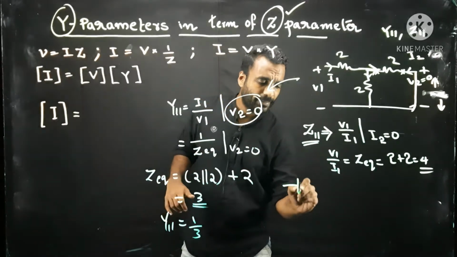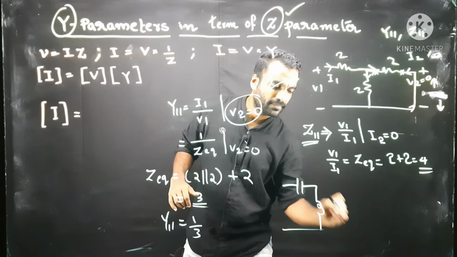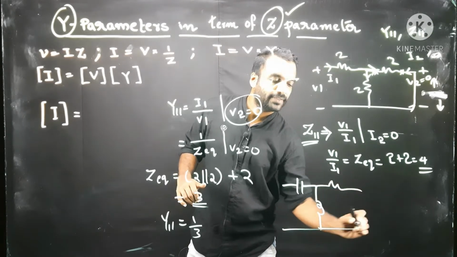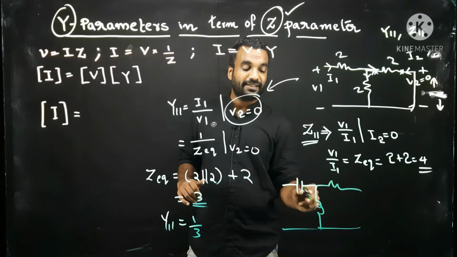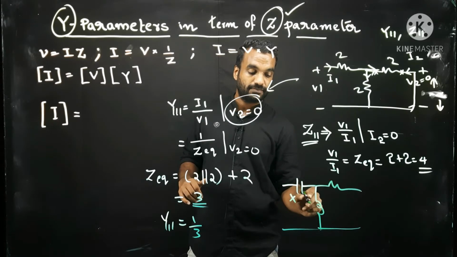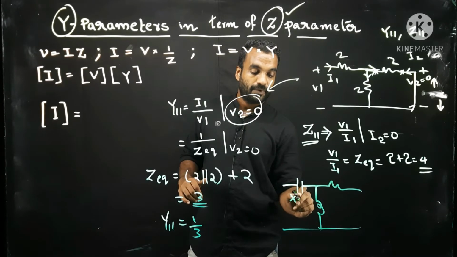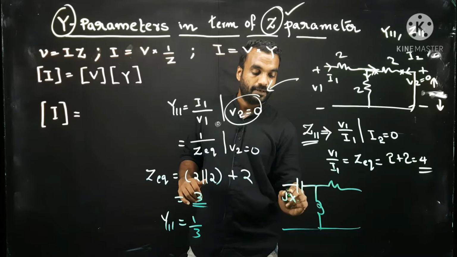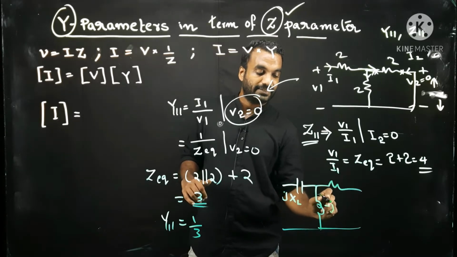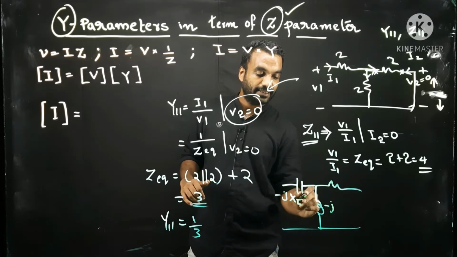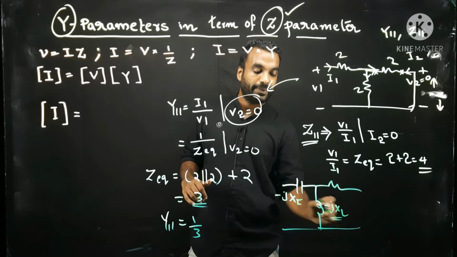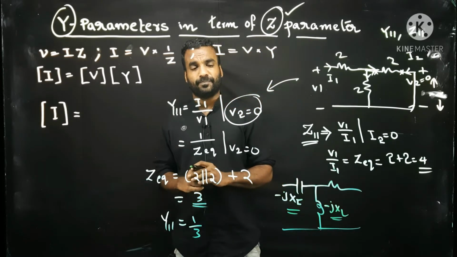Suppose this is a problem like this, it will not be that simple finding resistance in terms of x. Terms like j XL minus j XC, j XL, such things will arise in some problems.